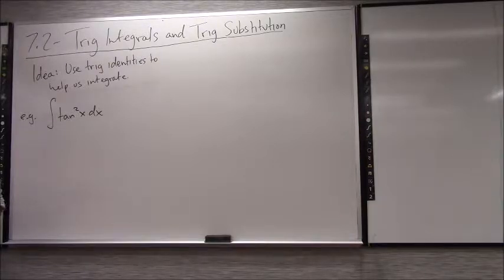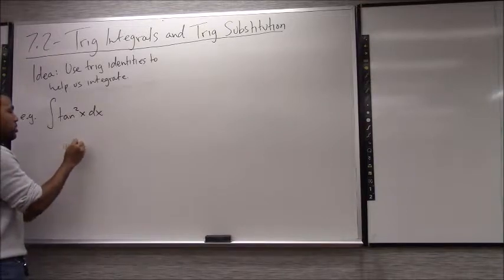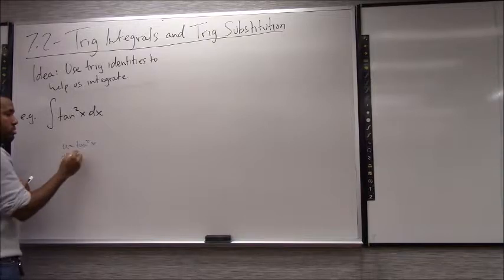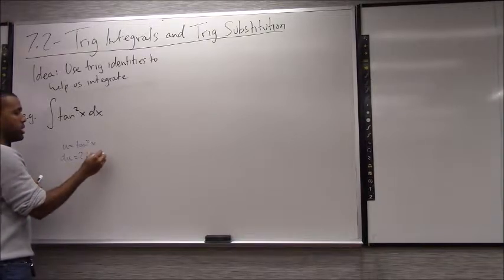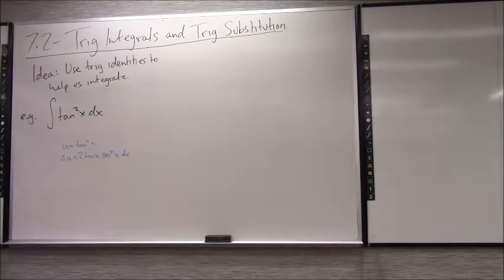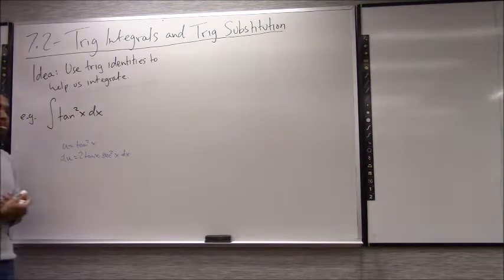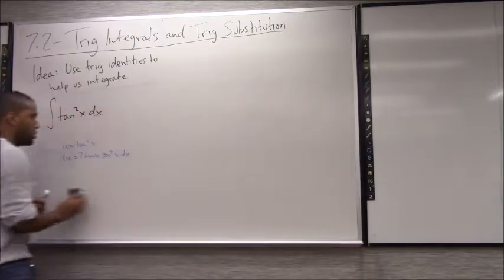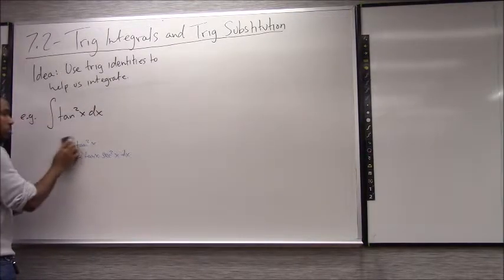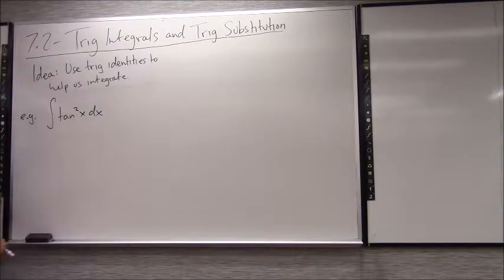Okay, and what would happen? If we let u be tan squared, you'd find du, I'm guessing. So I'd get 2 tangent x times secant squared. That kind of won't work, there's no secant squared. Yeah? You could use one of the trig identities. So substitution would not work there, at least not like that.